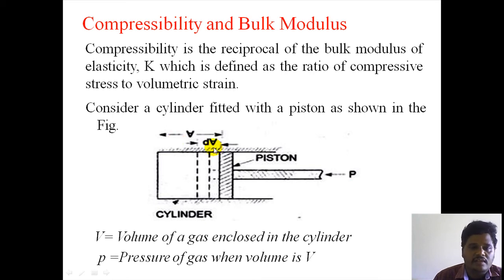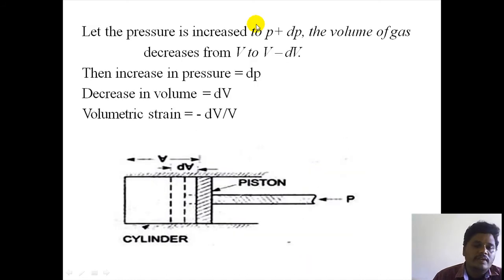Let V be the volume of gas enclosed in a cylinder, and P the pressure of gas when the volume is V. Now let the pressure be increased to P plus dP, where dP is a small change in pressure.